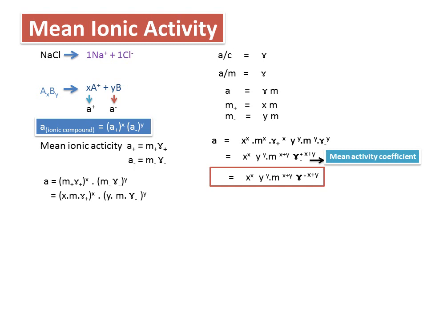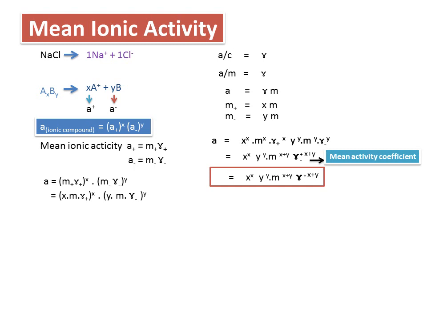When the power is applied to the inside values, we get x raised to power x into m raised to power x, then gamma positive raised to power x, into y raised to power y into m raised to power y into gamma negative raised to power y, which is equal to x raised to power x into y raised to power y.